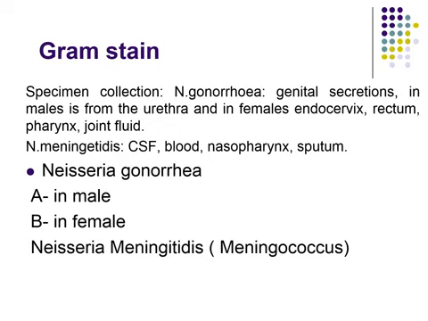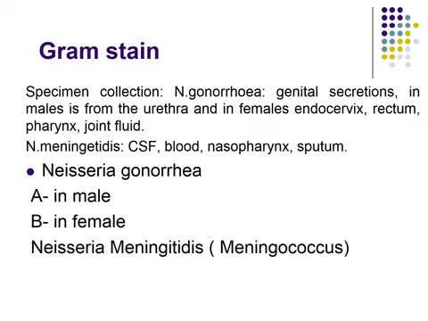While for Neisseria meningitidis, in case of meningitis, blood, CSF, nasopharynx, and sputum are used as samples for diagnosis of meningitis. Neisseria gonorrhoeae in males, as we mentioned, is represented by urethral discharge, and the gram stain in diagnosis of gonorrhea in males is a definite diagnosis.